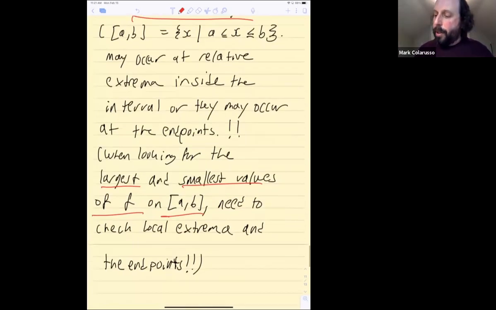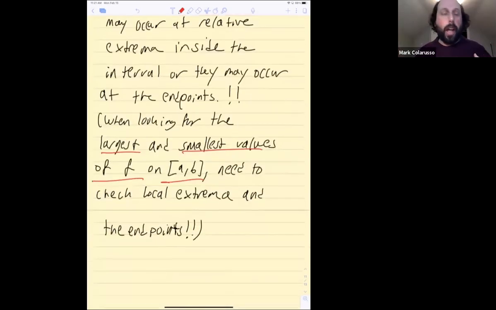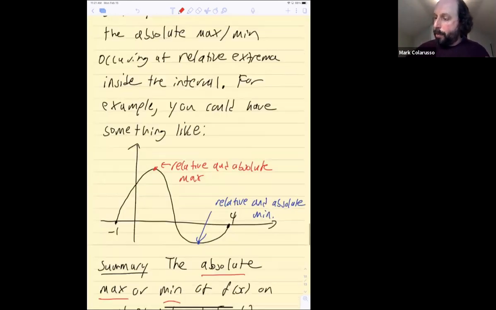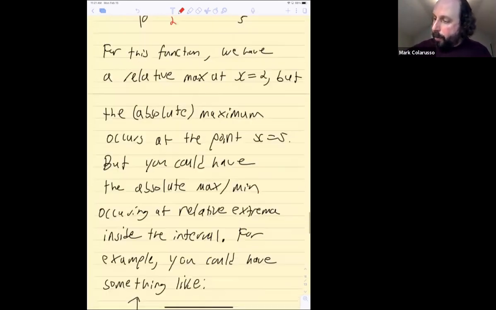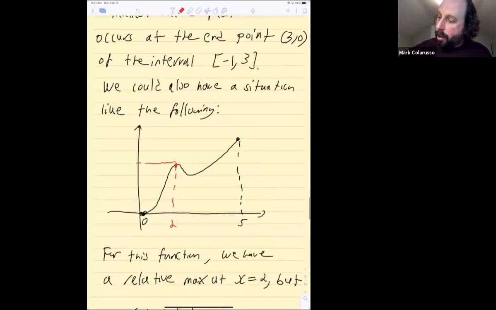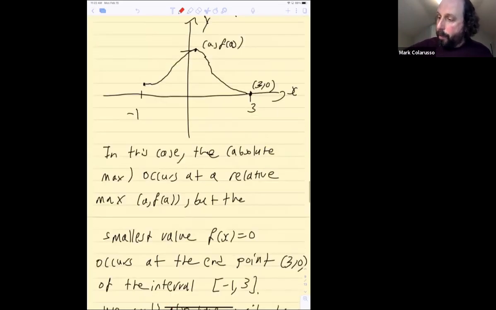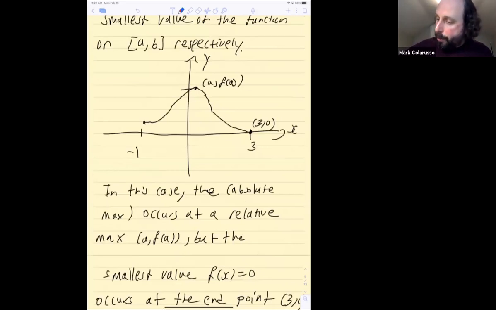So when we're looking for them, we need to look at the local extrema and we need to look at the endpoints, because in these examples here, for example, the absolute max is at an endpoint. And in the first example we thought about, the absolute min was at an endpoint.